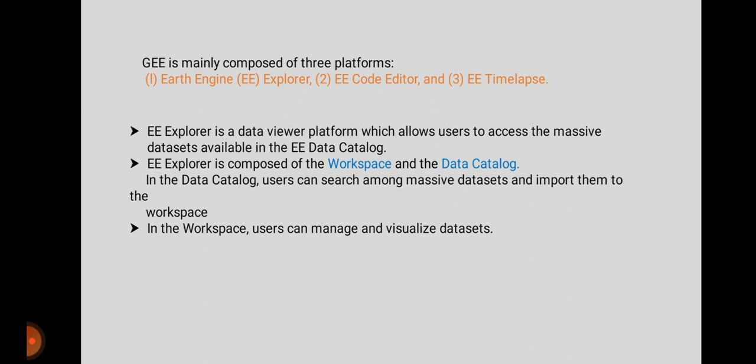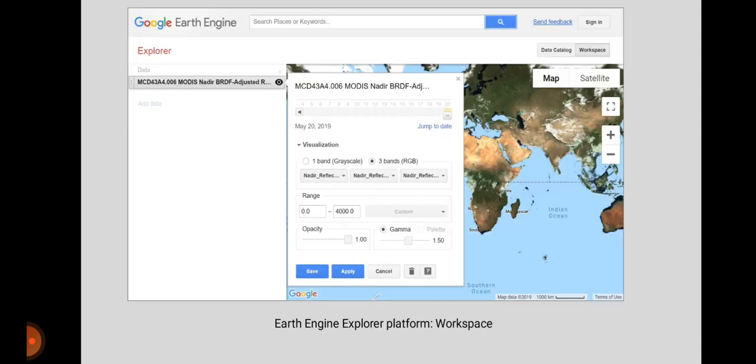The Earth Engine Explorer is composed of a workspace and a data catalog. On the right side, we can see the data catalog and the workspace.